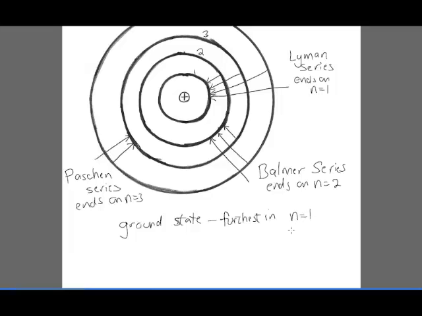If the electron is in that orbit, it is in the ground state. Any other state, n equals 2, 3, 4, or higher, is called an excited state. And remember, in hydrogen there is only one electron.